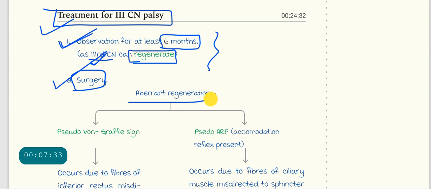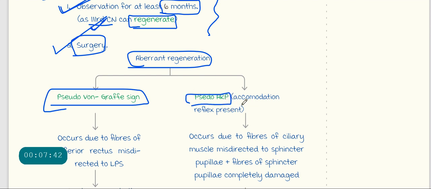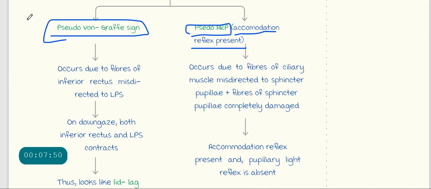Okay, so this includes two things, that are pseudo-von Graefe sign and pseudo-Argyll Robertson pupil. It is nothing but pseudo accommodation reflex presence. Okay, now what is pseudo-von Graefe sign? So in pseudo-von Graefe sign, what is occurring?